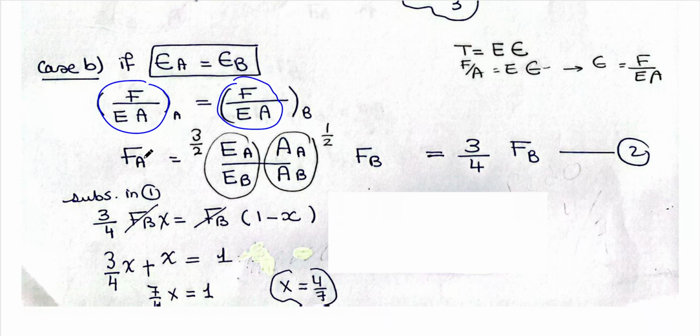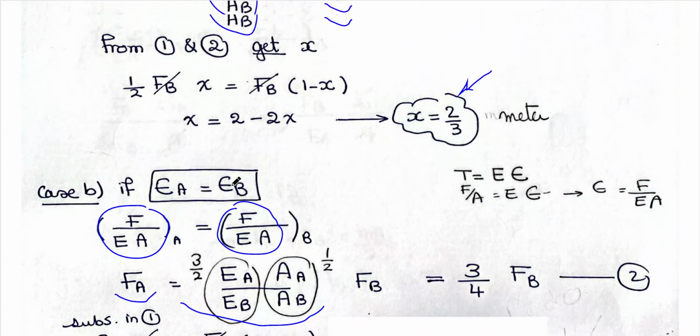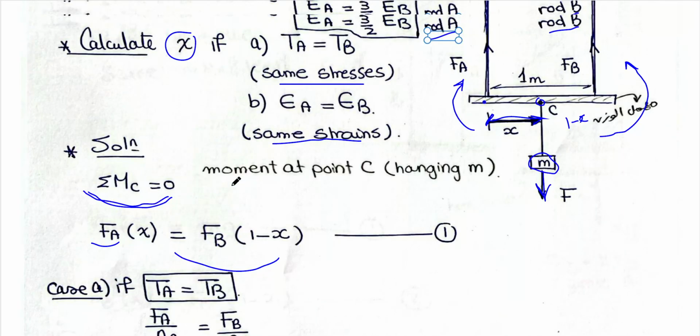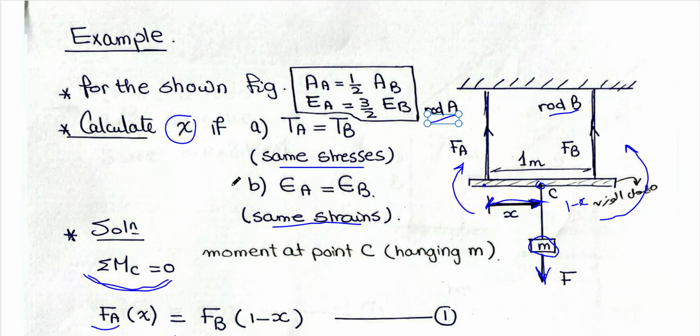Then I put FA on the left-hand side and all the other terms on the other side. I found the fraction of Young's modulus of rod A over Young's modulus of rod B. Remember, it's given in the beginning of the problem that EA over EB is 3 over 2.